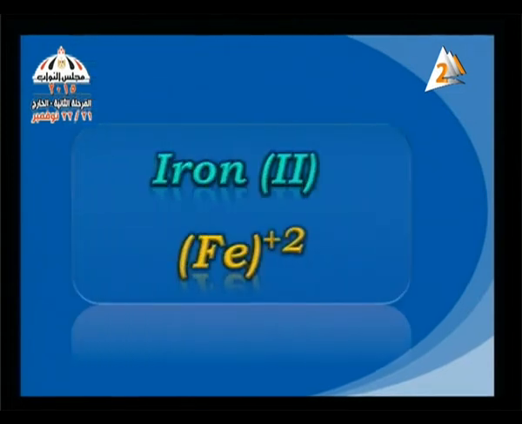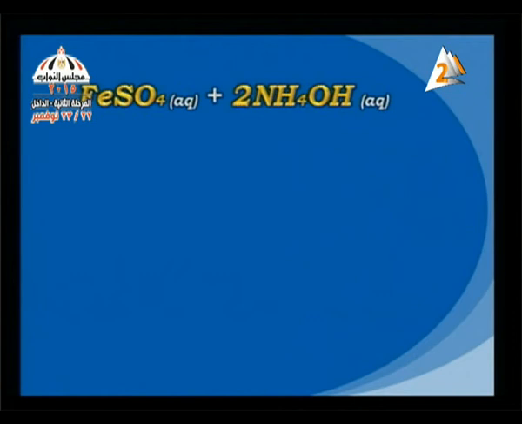Let's move to the other one now. We have another one of these cations called iron 2, or Fe positive 2. Iron may be positive 2 or positive 3, but we accept one. Our special one now is Fe positive 2. Catch it and look. When you get it, you must write the equation as a beginning.